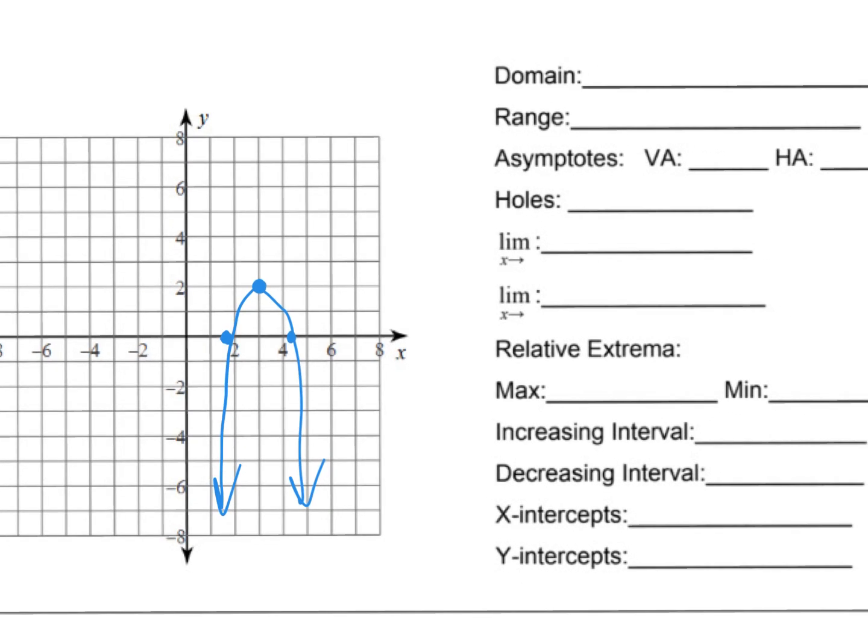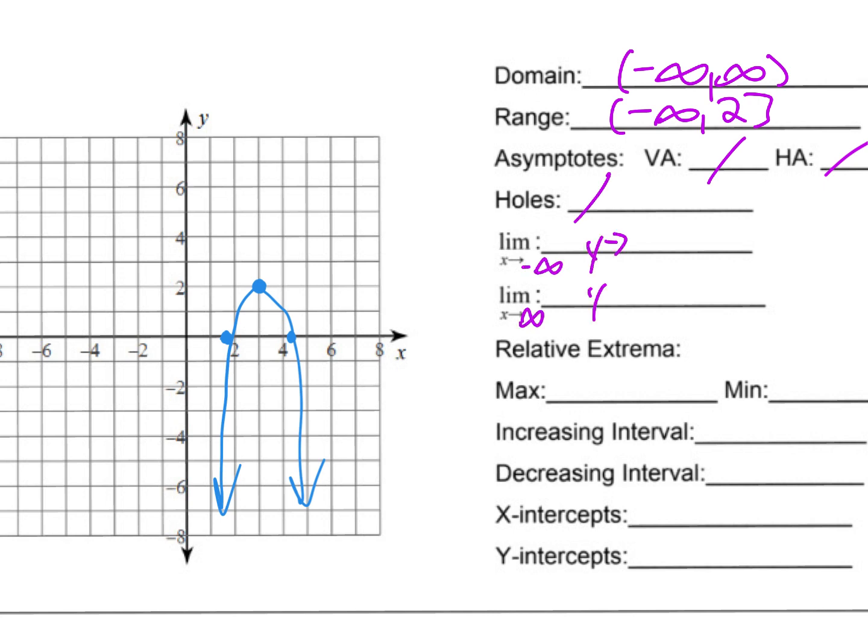What's the domain for this? Yes, negative infinity, positive infinity. The range? Negative infinity to 2, good. Do we have asymptotes or holes? Nope. Okay, limits, we're gonna copy the domain for the x's.